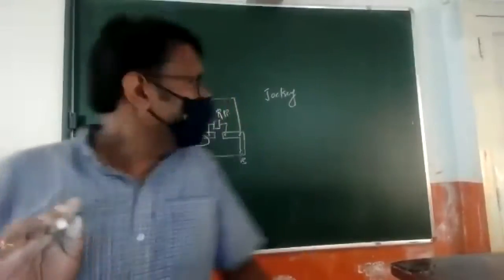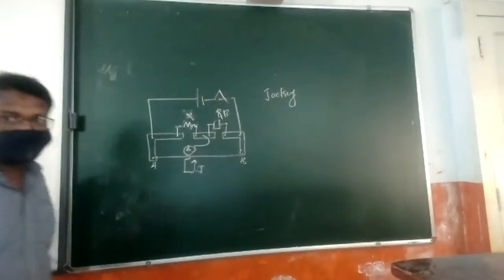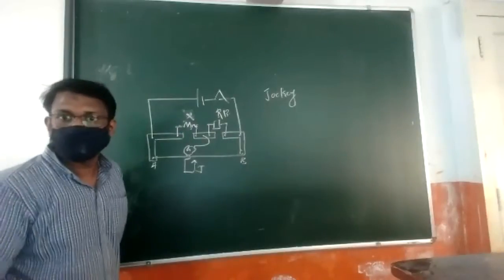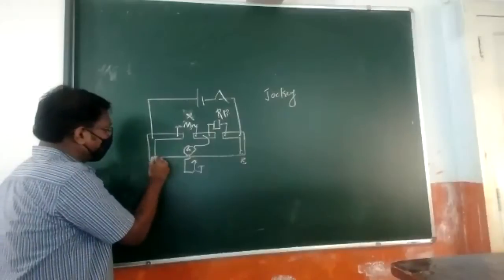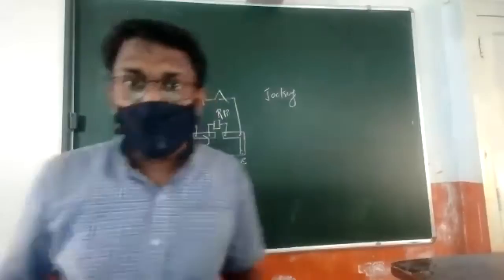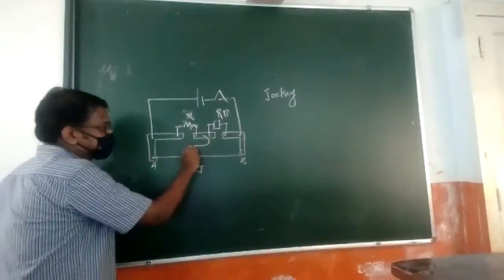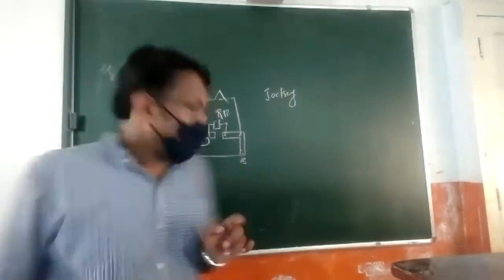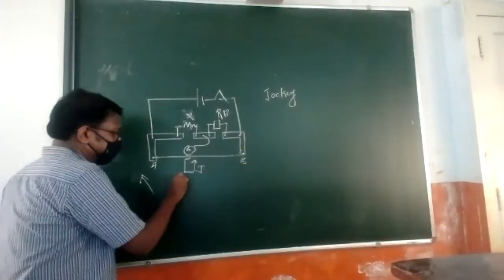Okay. Now, when the switch is on, current is passing through the circuit. With the jockey, you touch the point A. I already told you the jockey is a metallic contact. Then the galvanometer shows left deflection. Now take the jockey to the point B, and it shows right deflection.